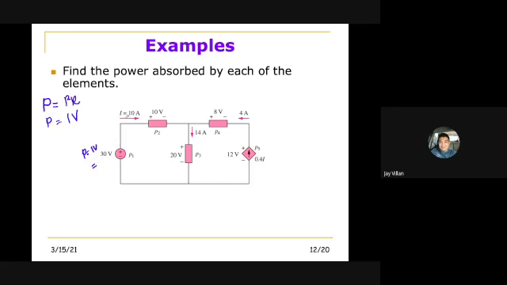Kung anong current ang meron dito, ito din yung current na sinusupply ng iyong voltage source. So that is just equal to 10 amperes times 30. Okay? So that is how much? 300 watts.